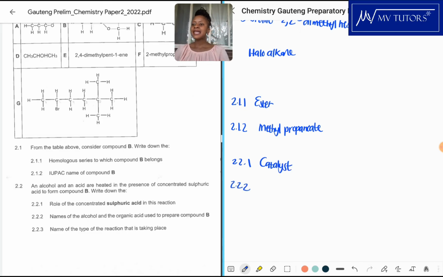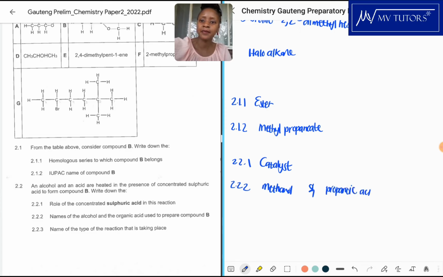And then names of the alcohol and the organic acid used to prepare the compound. We did say that the alcohol there is methanol. Okay, and the organic acid would be propanoic acid.